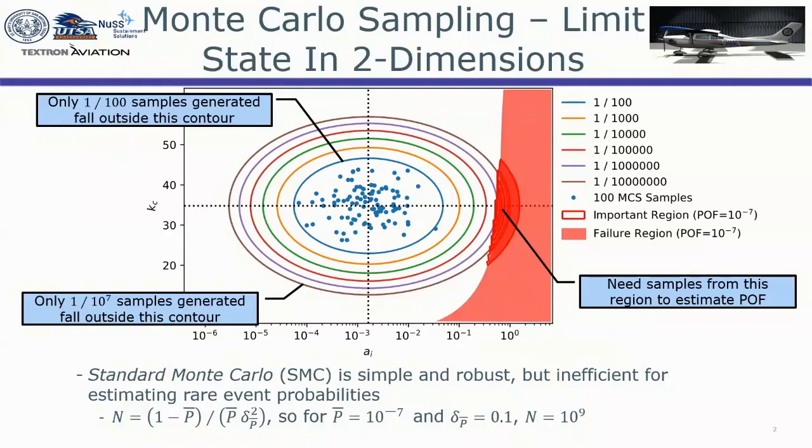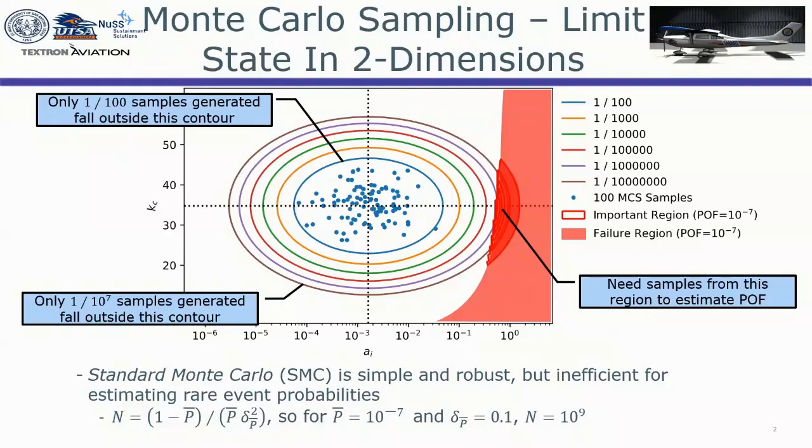As you go out, it takes orders of magnitude more samples to get samples outside of each of the rings. By the time you get out to this brown ring, and these are just default colors, only 1 in 10 to the 7th samples is going to fall anywhere outside of that outermost ring.